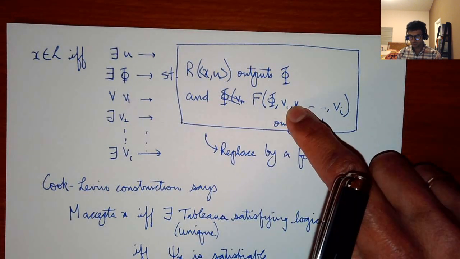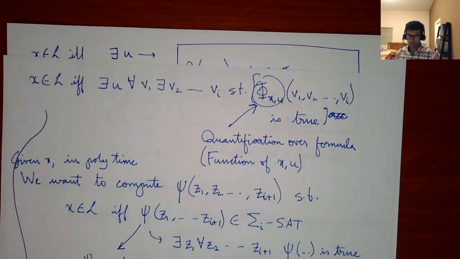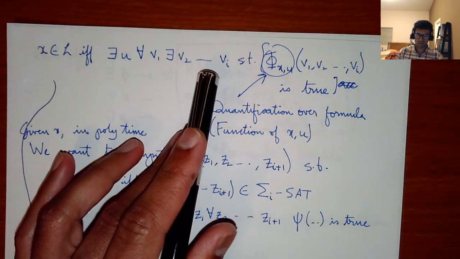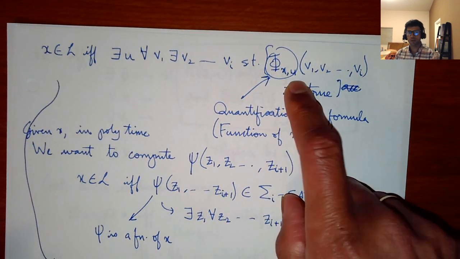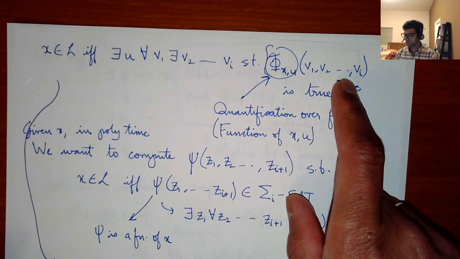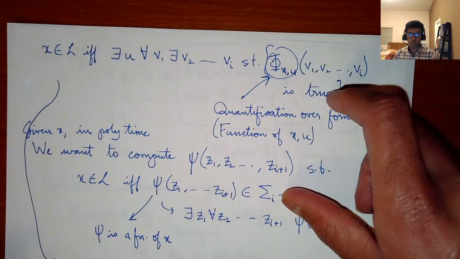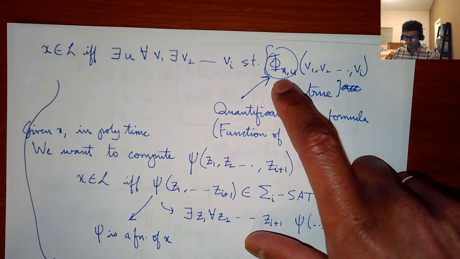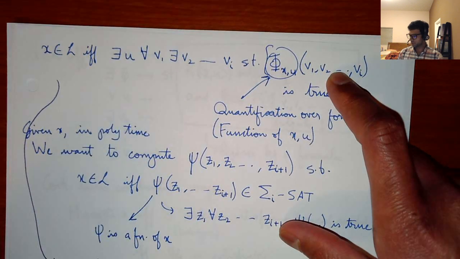Yeah. So let's go back all the way down to what we initially had. We said that X is in L if and only if there exists, whatever there exists for all, such that this formula evaluated on V1 to Vi is true. So you're just saying that I can encode. Here there is a formula which is itself evaluated on a bunch of variables.